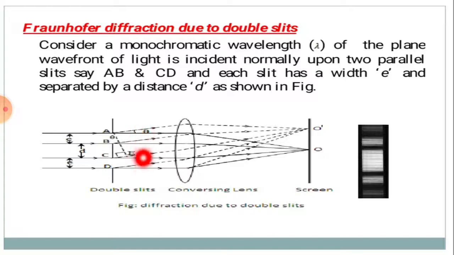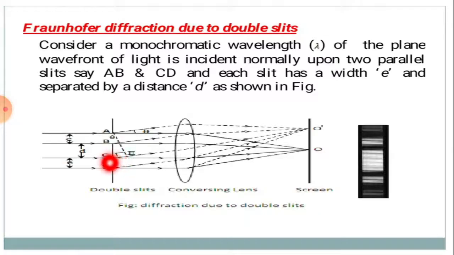In order to calculate the path difference, as usual, we can draw a perpendicular from A to C called AE. The angle of deviation is theta, and this perpendicular line gives immediately the path difference between these two light rays.